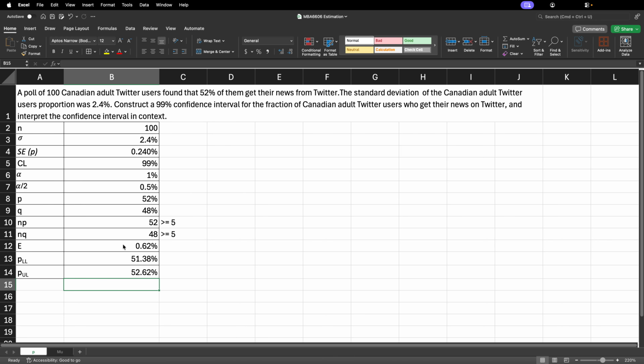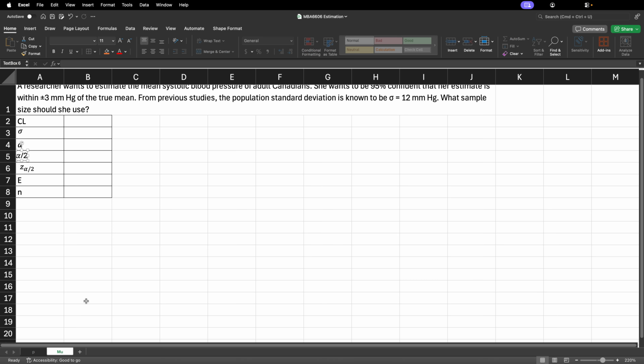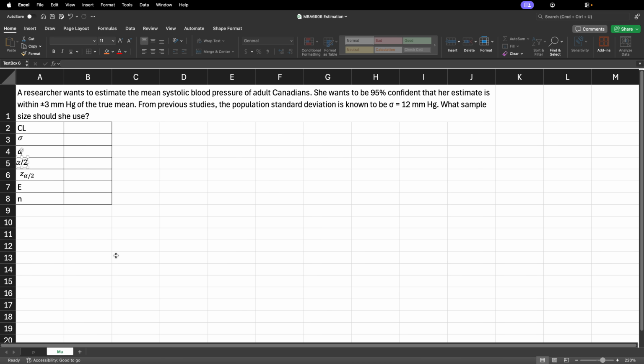All right. Let's apply this in the context of a mean now. Here, instead of calculating the interval, we will calculate the appropriate sample size. A researcher wants to estimate the mean systolic blood pressure of adult Canadians.